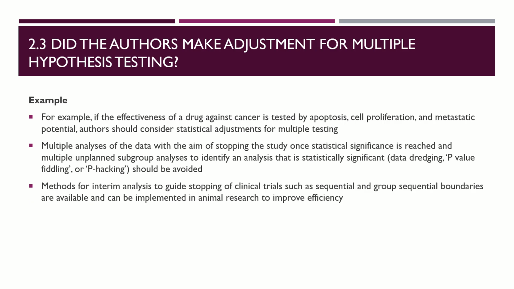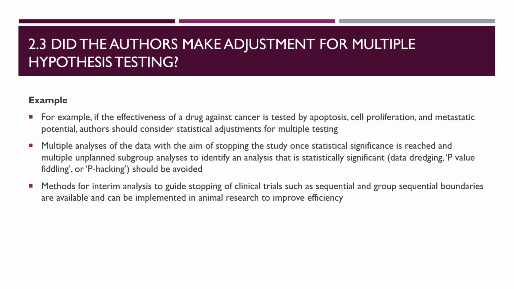Okay, some examples. If the effectiveness of a drug against cancer is tested by apoptosis, cell proliferation, and metastatic potential, authors should consider statistical adjustments for multiple testing. That's one situation where you're having multiple outcomes.